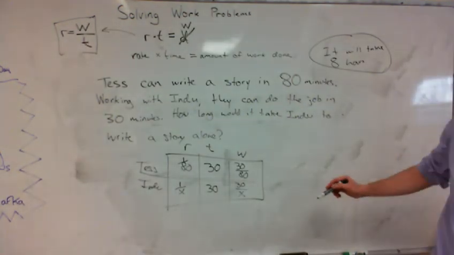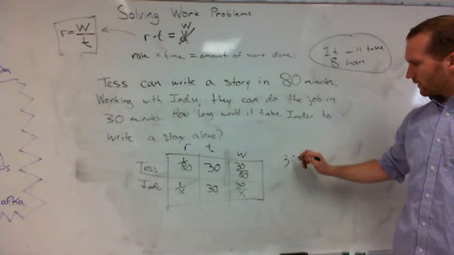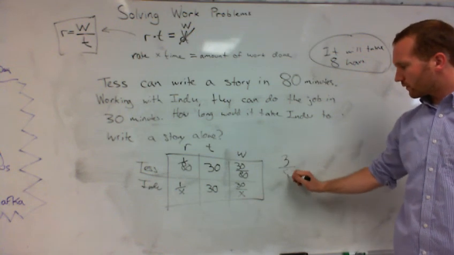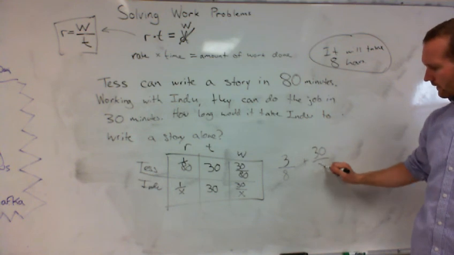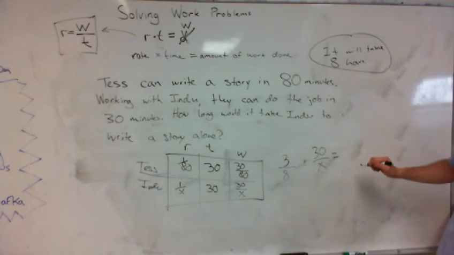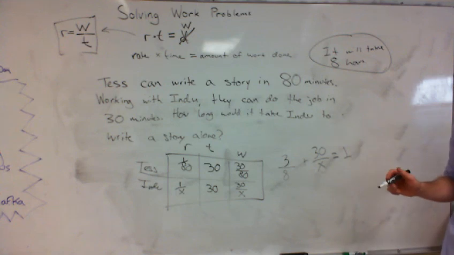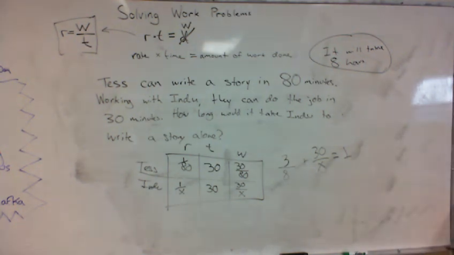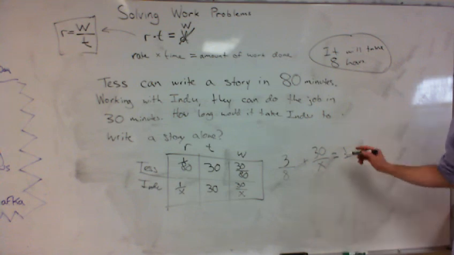Our equation, we're just going to take this column and add these things together. I'm going to just simplify this right now. 3 over 8 plus 30 over x equals 1. Now, what is our lowest common denominator? Yeah, 8x. Good.